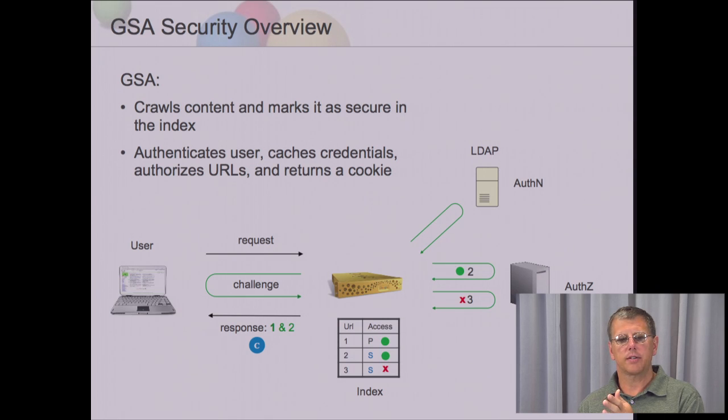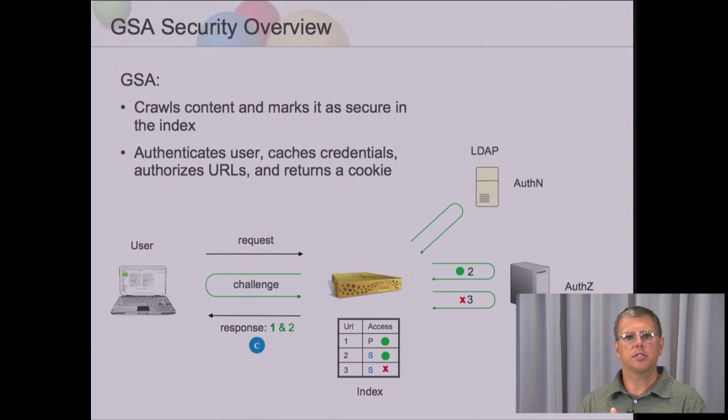Well, we first have to send one page worth of requests because we're going to build up just one search page. It might be 10 results or 15 results. So we'll send out those 10 head requests out to the backend content server. We can do this in parallel, and web servers are designed for a lot of parallel processing, and so is the GSA. So we can do a lot of this as parallel process requests.